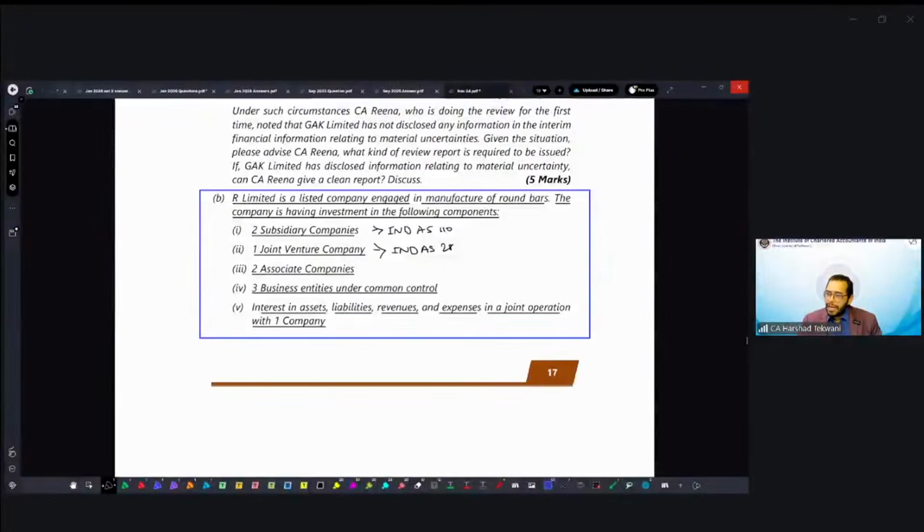The standard Ind AS 28 is applicable to all entities in which the investor has joint control or significant influence. Yes or no? What will I apply for the associate? Anyone?